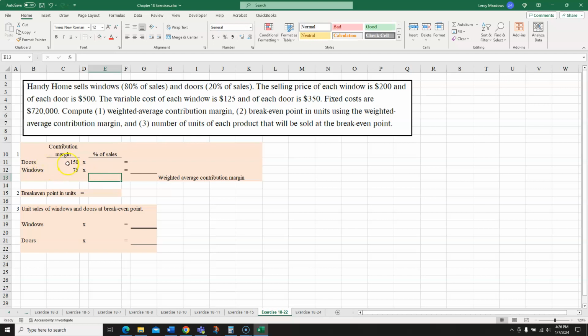Now, what do doors represent out of my total sales? Well, it says here doors are 20% of sales. So I want to take that 150 and multiply that by 20%, or 0.20. And we're told that windows equals 80%.